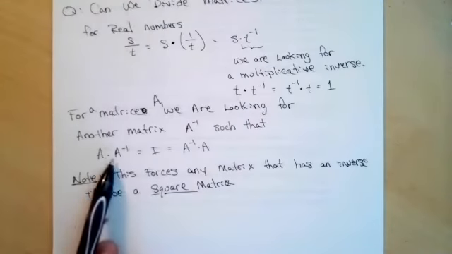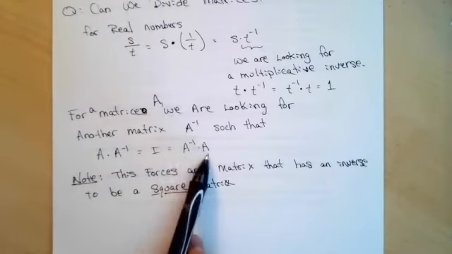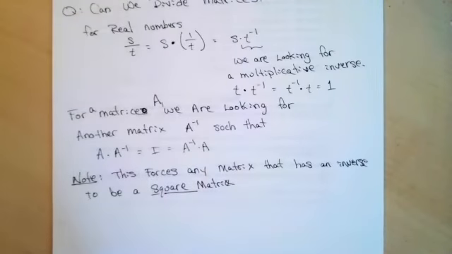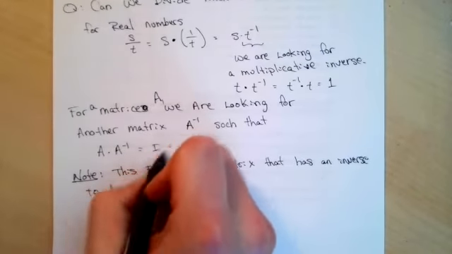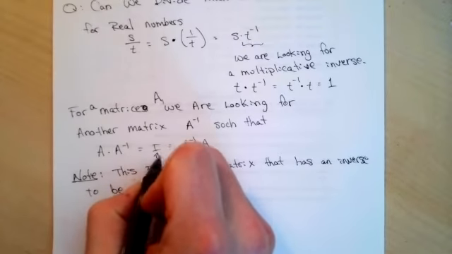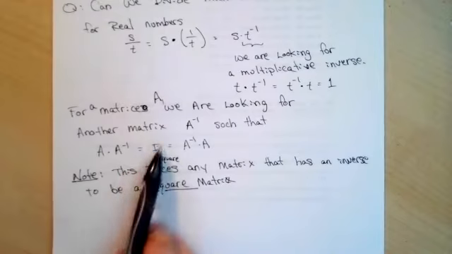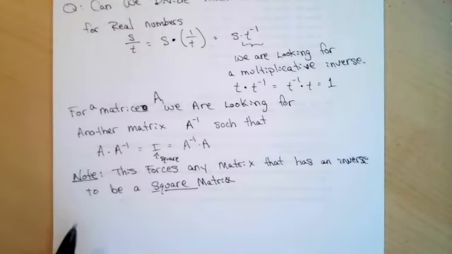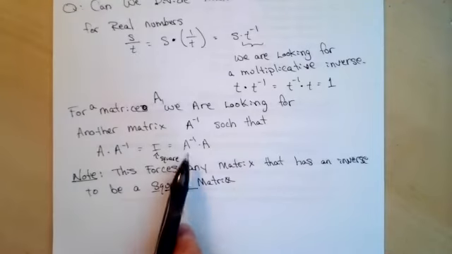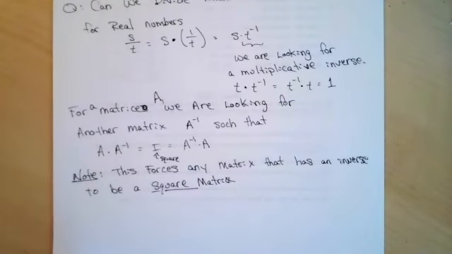Mainly because we want to be able to multiply on the right and left. We want to be able to switch the order. And as we kind of saw with multiplication, we can't necessarily switch the order of multiplication. Sometimes it doesn't work. And if we can, and the result, I know that this guy is a square matrix. So if I know our result is always a square matrix and we can flip the order of multiplication to get the same size of a square matrix, it forces both A and A inverse to be square matrices.